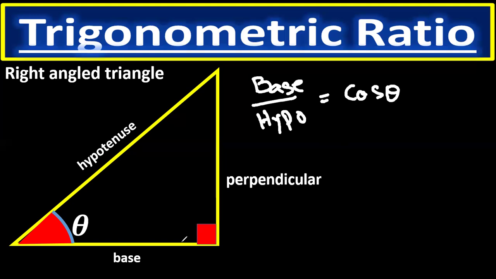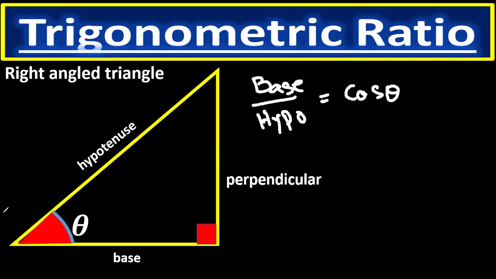One is the base, the adjacent side of the angle theta, and the other is the side opposite to the 90 degree angle, that is the hypotenuse. So the ratio of base and hypotenuse is considered cos theta. Always this ratio will be valid in all situations.